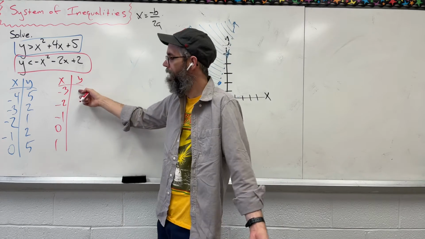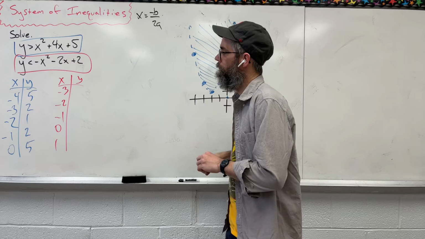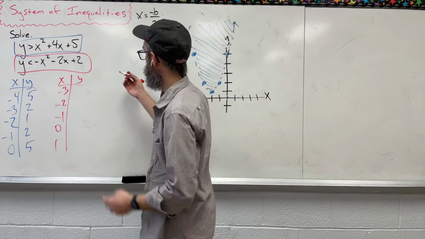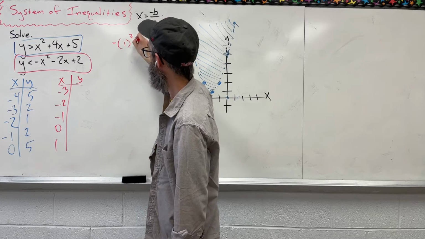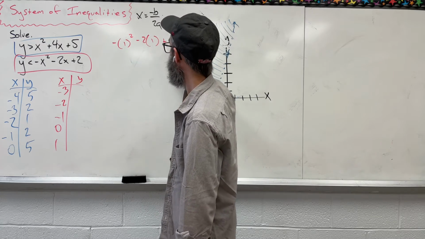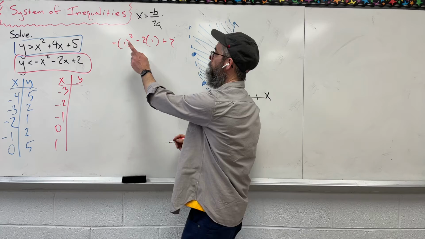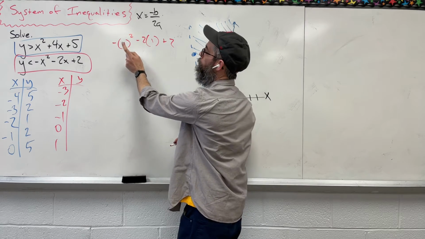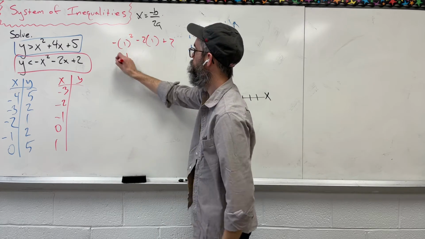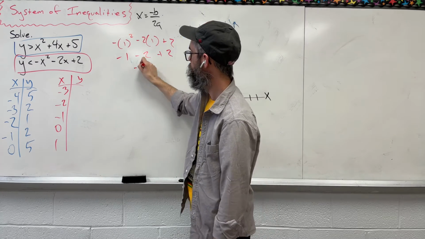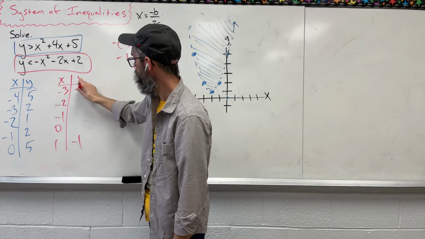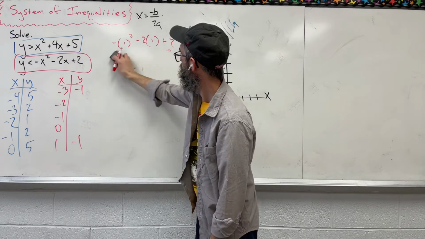So let's just worry about these 3 on the bottom. Why these 3? I don't really want to deal with the negatives. All right, let's plug 1 in. So we're going to say negative 1 squared minus 2 and 1 and a 2. Order of operations says I do exponent first, then a negative. So 1 times 1 is 1. Bring down that negative. Cancel, we're left with negative 1. Get the same thing up top. Good.